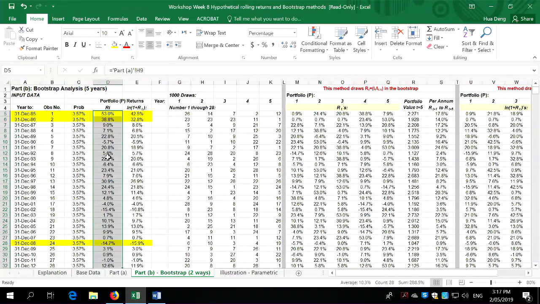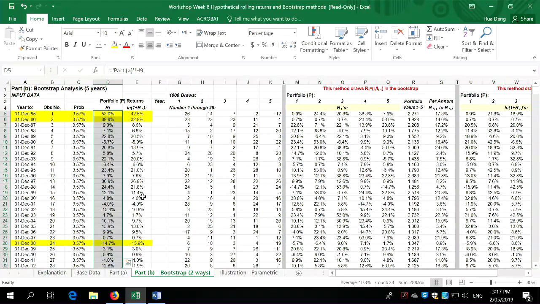Or in other words, given this historical performance of the portfolio, next year's portfolio performance can be any one of these at the same probability level. So that's the idea of doing Bootstrap. It's through this structure to the right that you generate random numbers so that you can link the random outcome to one of the portfolio outcomes here.